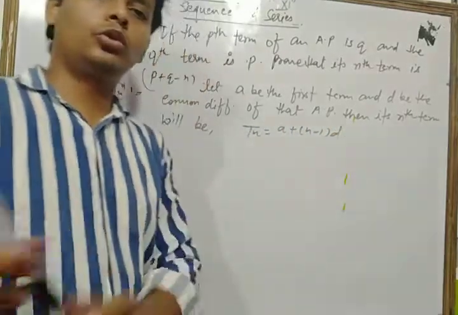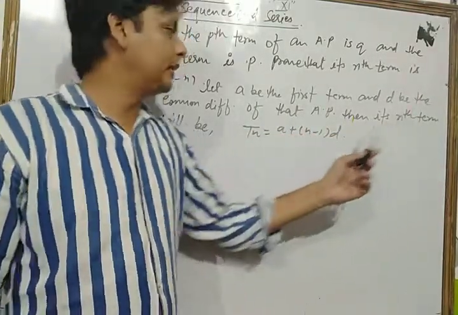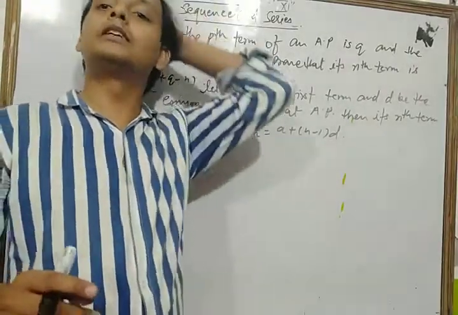So suppose that, dear students, a is the first term and d is the common difference of that AP, then its nth term will be Tn is equal to a plus (n minus 1) into d.